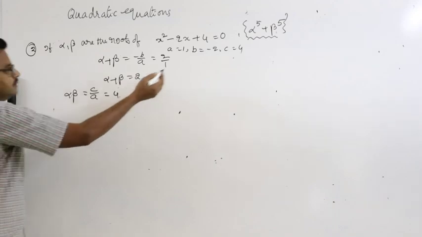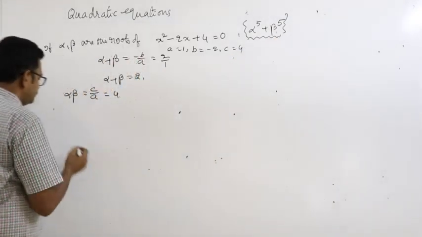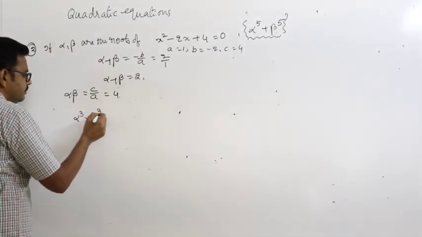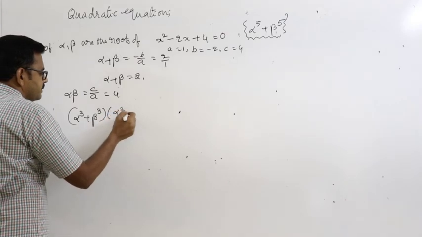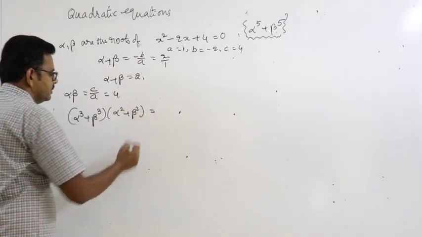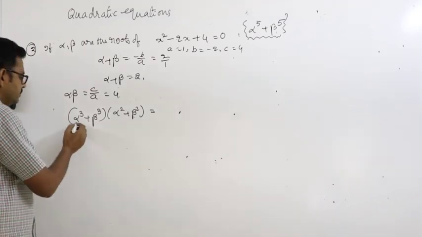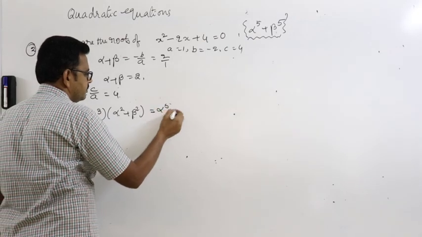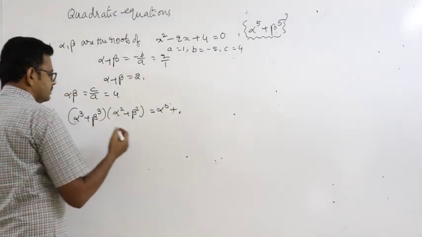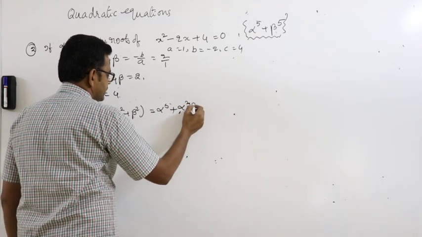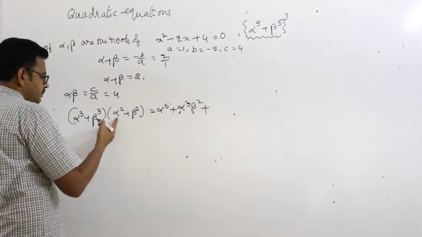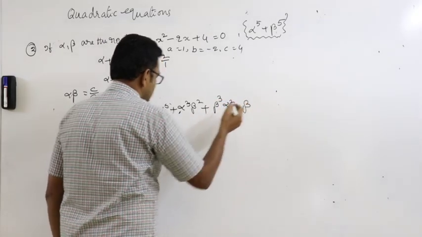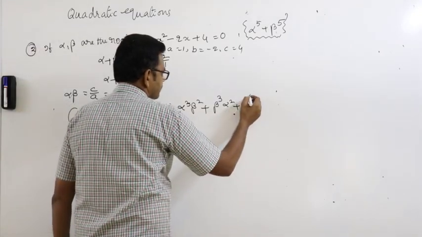Once again I recollect this one. Alpha cube plus beta cube multiplying into alpha square plus beta square. If you multiply these two, alpha cube into alpha square is alpha power 5, plus alpha cube beta square, plus beta cube alpha square, plus beta cube into beta square, beta power 5.